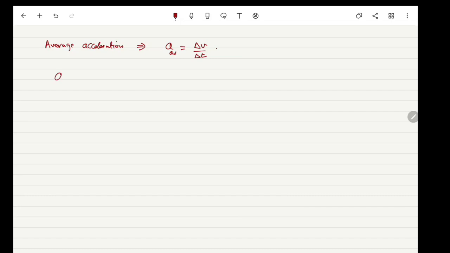But the instantaneous acceleration is the limit, when delta t goes to 0, of delta v over delta t, or the first derivative of velocity with respect to time.